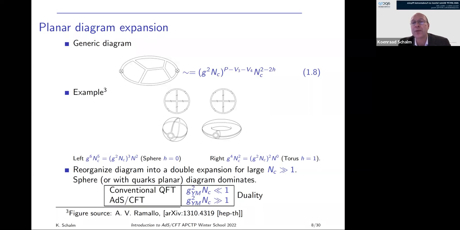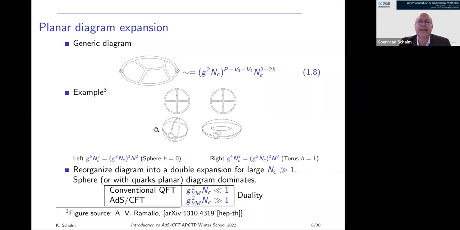It has a double expansion, right, in terms of g squared Nc and Nc. It does not have a good expansion in g squared, right? Because if Nc is large, then you can have diagrams that are lower order in g, but are higher order in the second expansion.